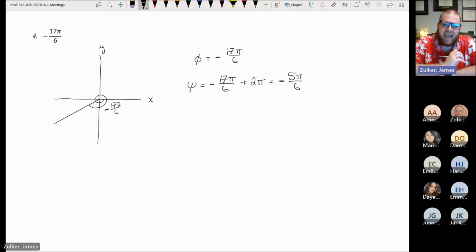What do we have to add to the angle to get the 7 pi over 6? You'd add 4 pi to it, and that would give us 7 pi over 6. So there are two coterminal angles, one positive, one negative.